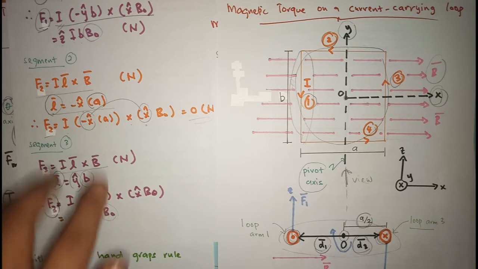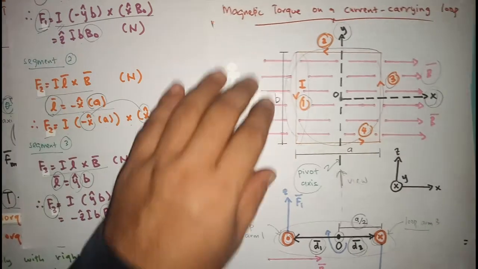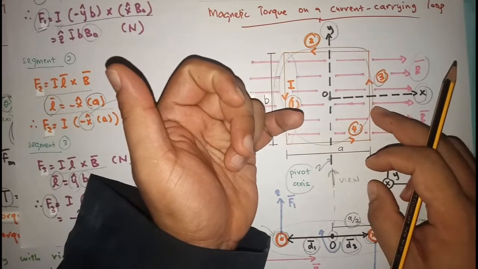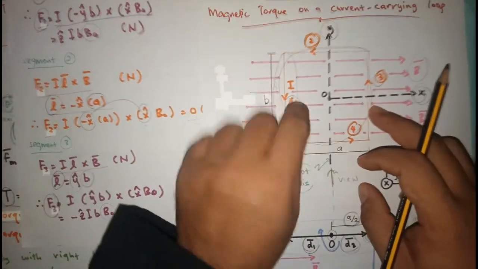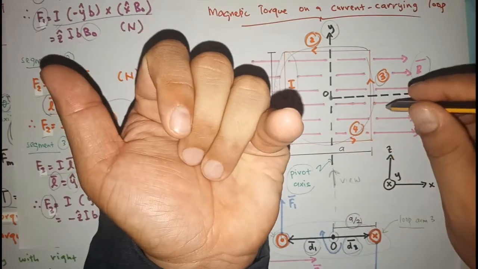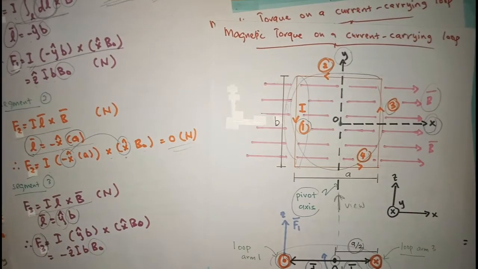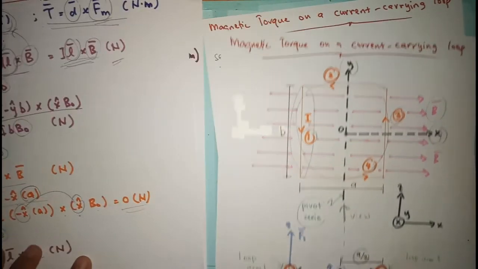So the amplitude is the same, but the direction is different. On the first segment, the force points in the positive z direction, and on the third segment it points in the negative z direction, with the same amplitude.